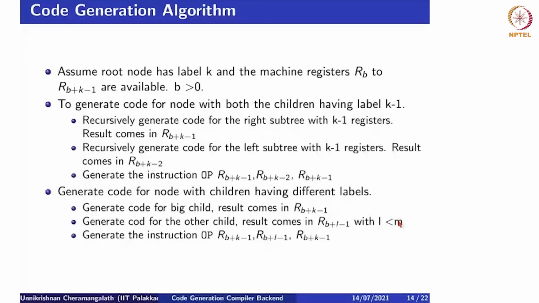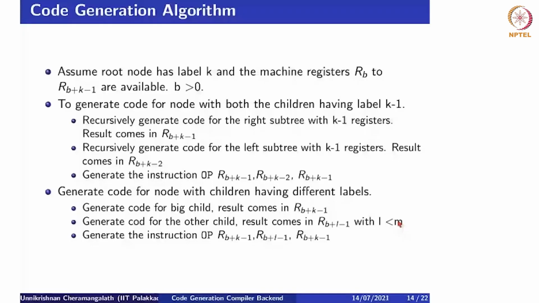From what I understand, when we generate code for the big child, it will consume the larger number of registers, right? Yes. So we allocate b plus k minus 1 registers for the big child, and once we have computed it and stored the result in a single register, we deallocate all those registers and use them for the other child.